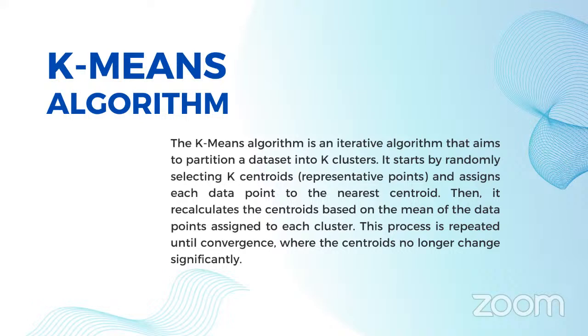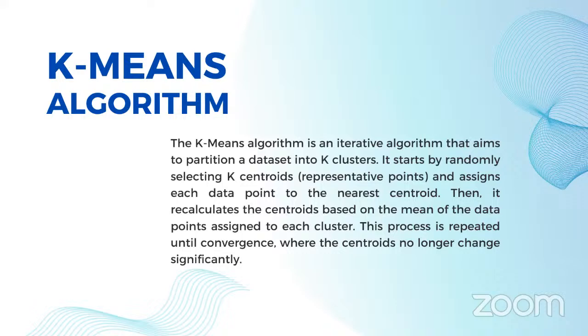They form a group beside that specific point, which is called the centroid. How it works is that there is the Euclidean distance formula, which recalculates the centroid each time.